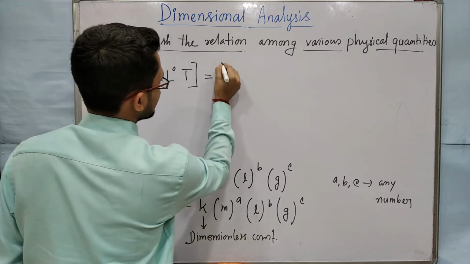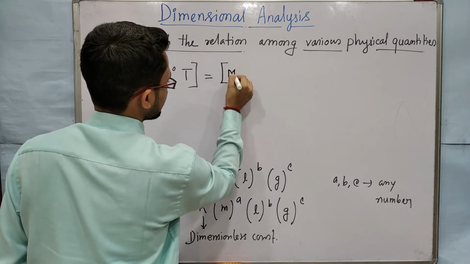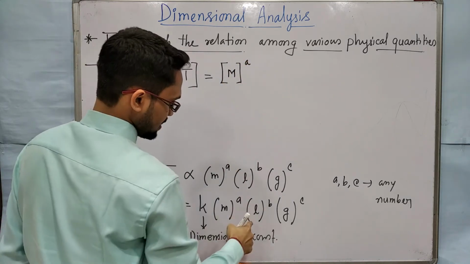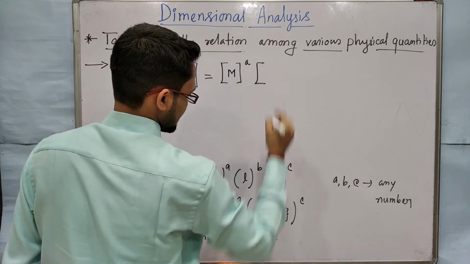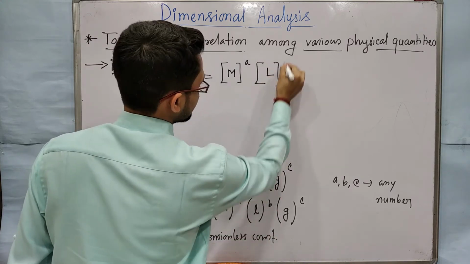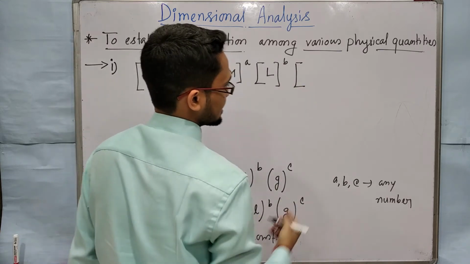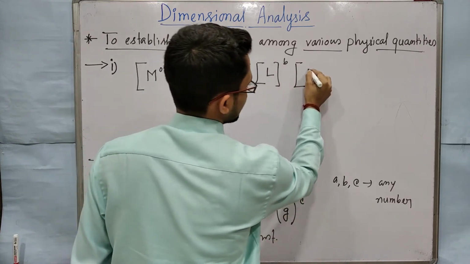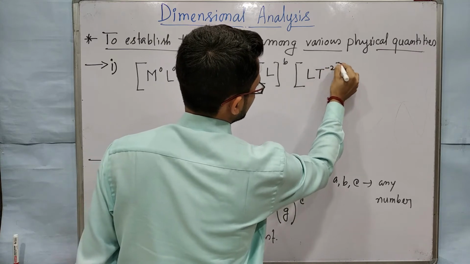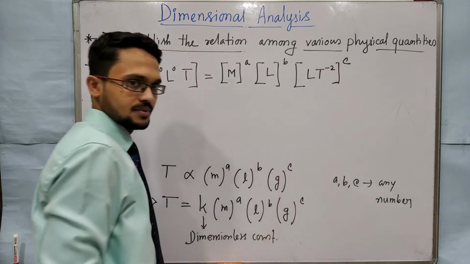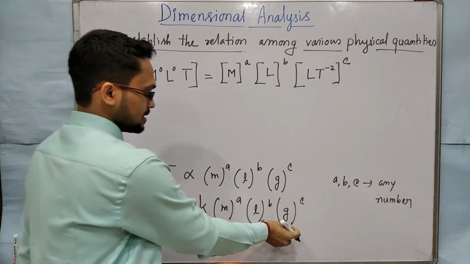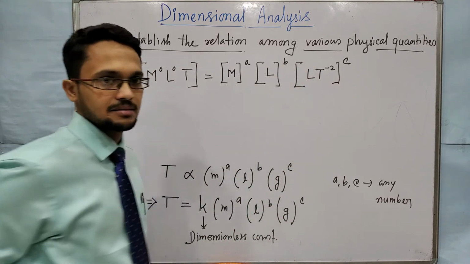Now m is the mass of the bob, so capital M to the power a. Then l, length of the string, capital L to the power b. Then g is gravitational acceleration. Acceleration has dimension L T minus 2, to the power c. We have already known that the dimension of acceleration is L T minus 2.